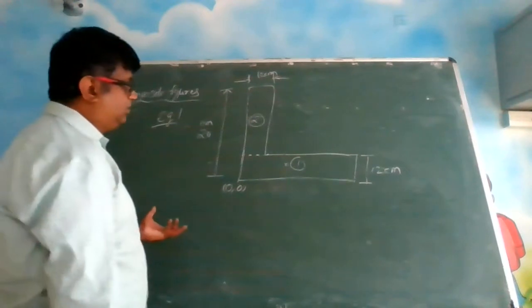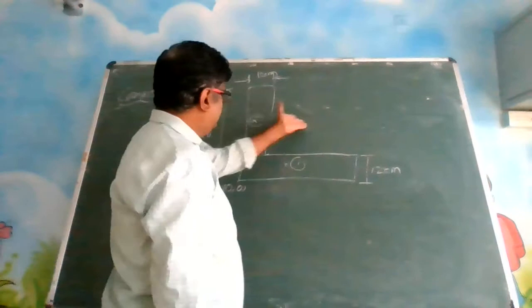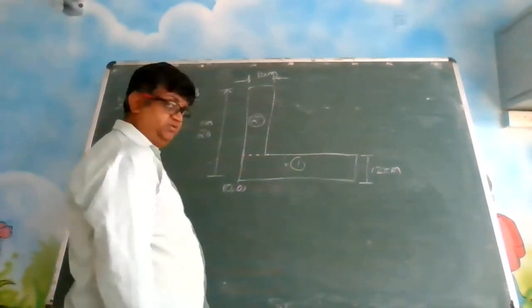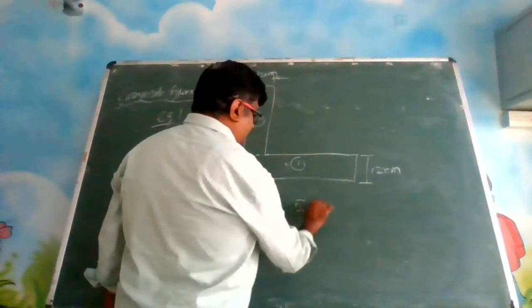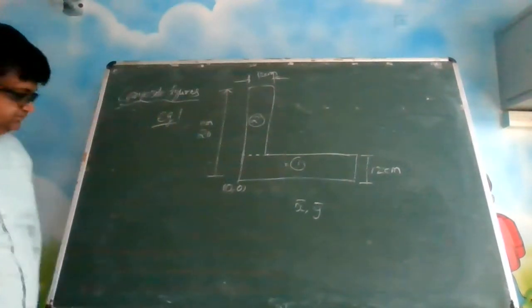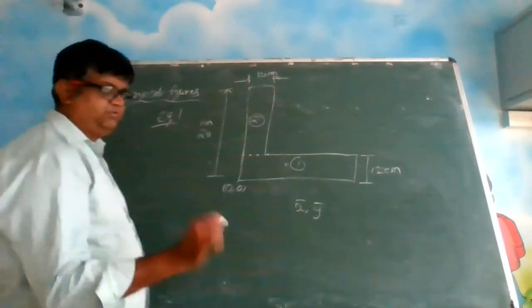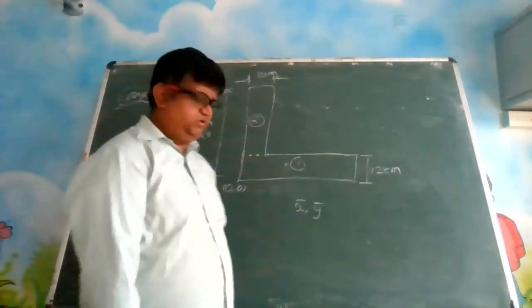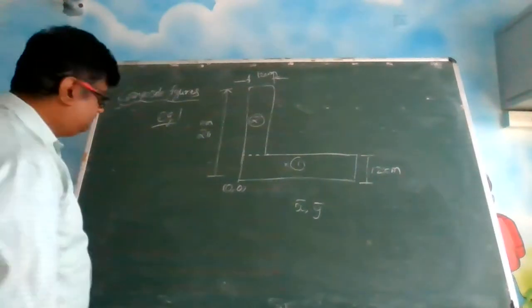Its centroid will be somewhere. It can be here, it can be outside also. So we have to find out the x coordinate and the y coordinate. This is our target. X bar and y bar, we know the formula. X bar is equal to a1 x1 plus a2 x2 by a1 plus a2. Similarly, y bar is equal to a1 y1 plus a2 y2 by a1 plus a2.